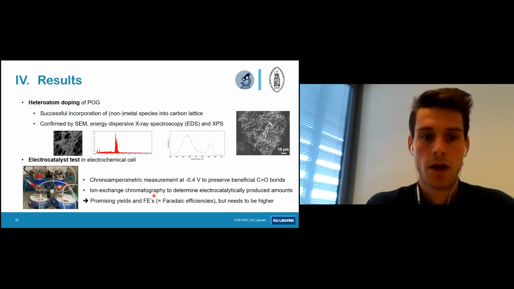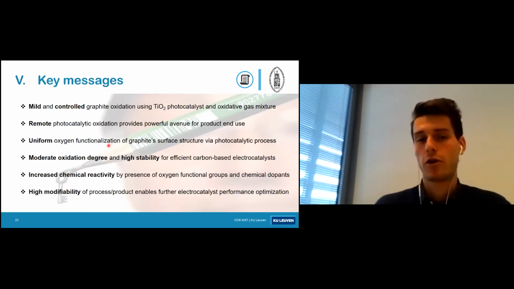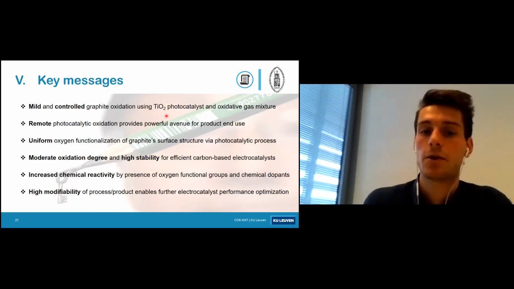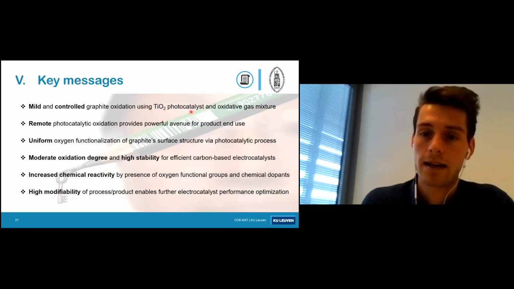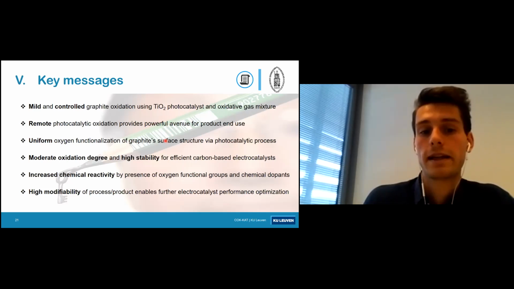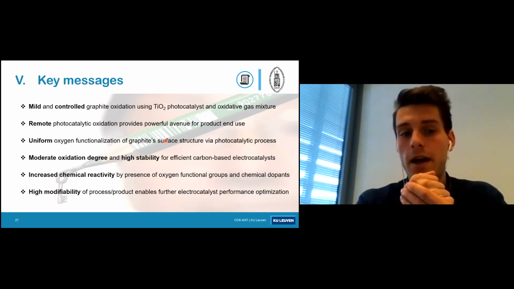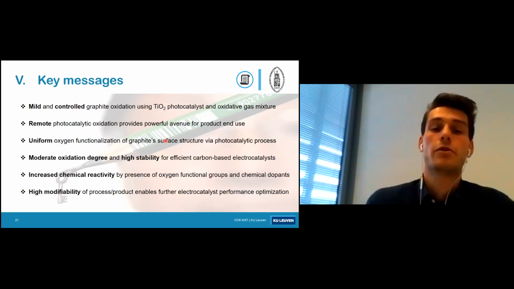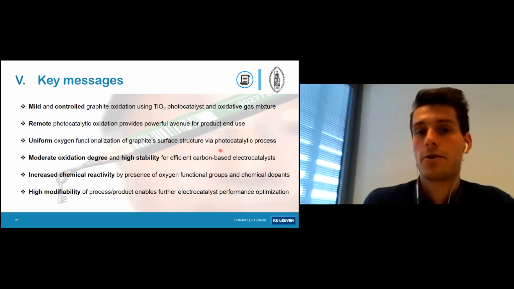at this moment. So some key messages of this research is that we have performed a mild and controlled graphite oxidation using titanium dioxide photocatalysis and oxidative gas mixtures. We have a remote photocatalytic oxidation that provides a powerful avenue for product end use. Also, we have shown uniform oxygen functionalization of the graphite surface structure via our photocatalytic process.